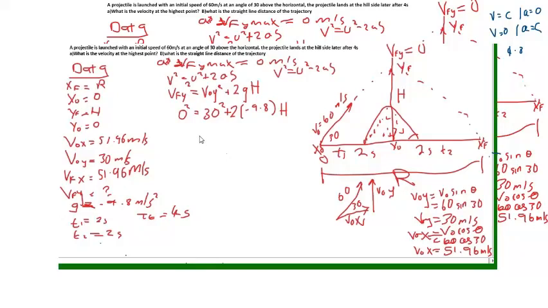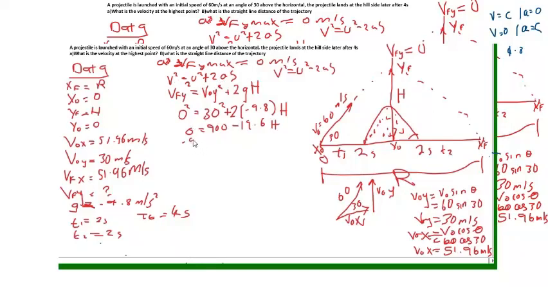Then from there, 0 is equal to 30 squared, which is just 900, minus 19.6 h. You've seen that this minus has come from here. In the actual sense, there is a plus there, but when you consider this to be negative, it turns out like this. If your projectile is going like this, this will remain like this.